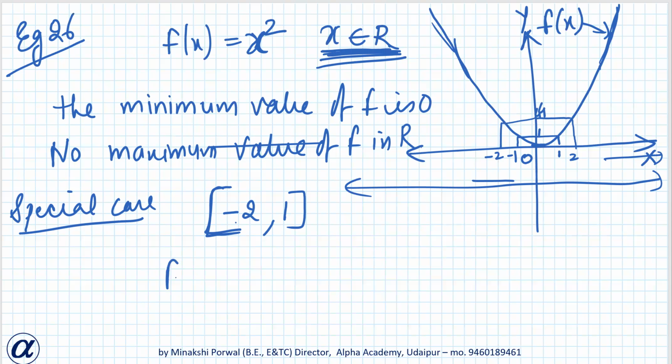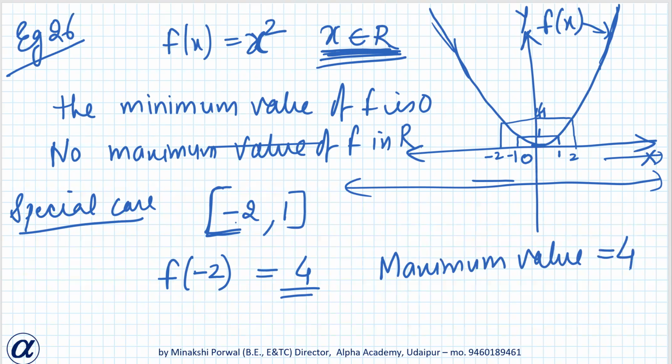Now f of minus 2 will be equal to x square, so it will be 4. So now the maximum value will exist and the maximum value will be 4. And the minimum value will be 0 because 0 is part of it.